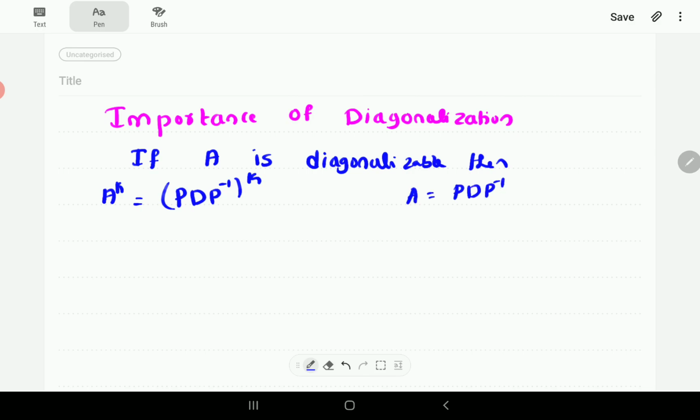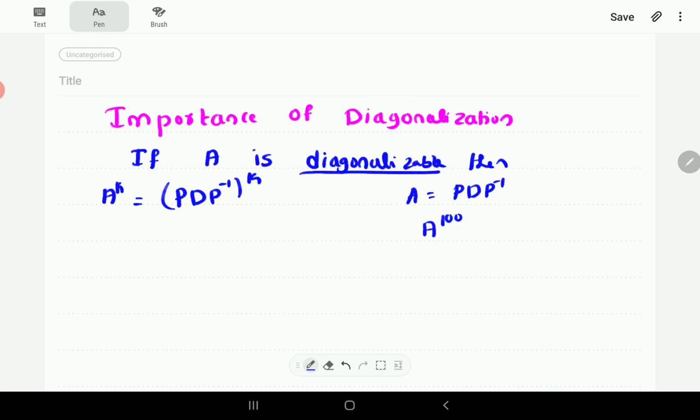Suppose somebody asks you, for example, to find A to the power 100, or A to the power 1000, for any matrix. Do you think A will be multiplied 100 times? Not really. If A is diagonalizable, then we can write A to the power k as (PDP inverse) to the power k. You may think we have to write the power of P, power of D, power of P inverse.